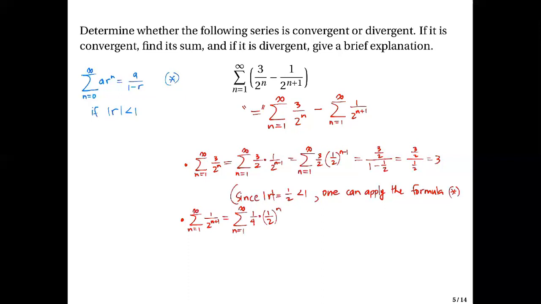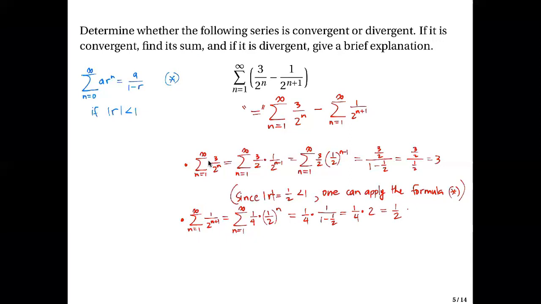And then same reasoning as in this one here, this series is now equal to 1/4 times 1 over 1 minus 1/2. And this is equal to 1/4 times 2, which is equal to 1/2.